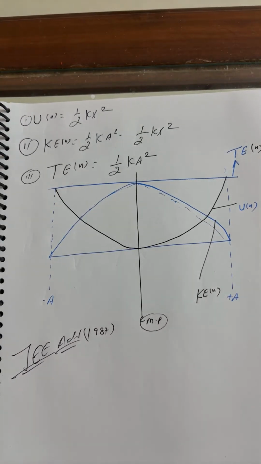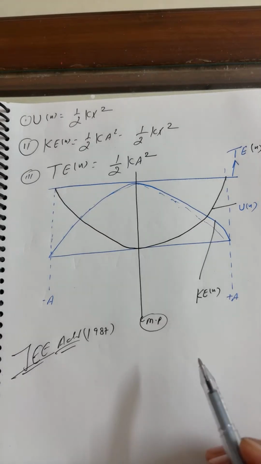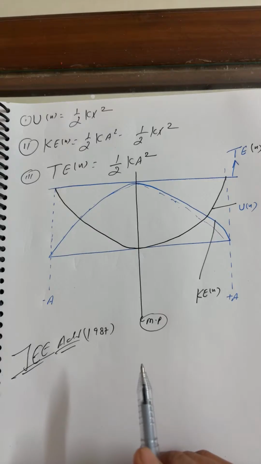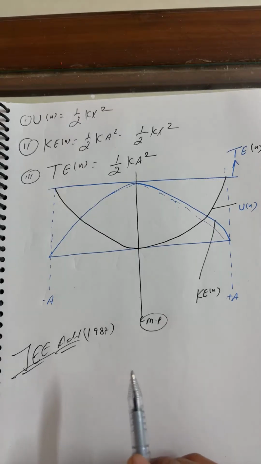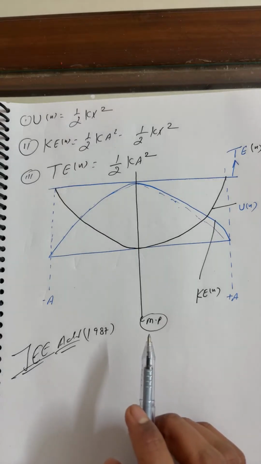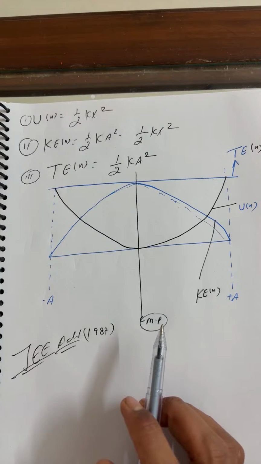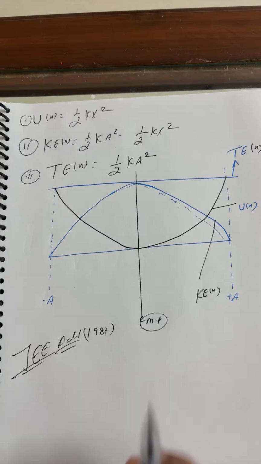The question says: a particle is oscillating with a frequency of oscillation F. Then you need to comment on what the frequency is for kinetic energy and potential energy. So let's try to understand how this works.